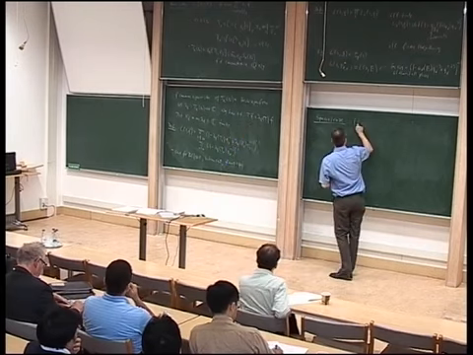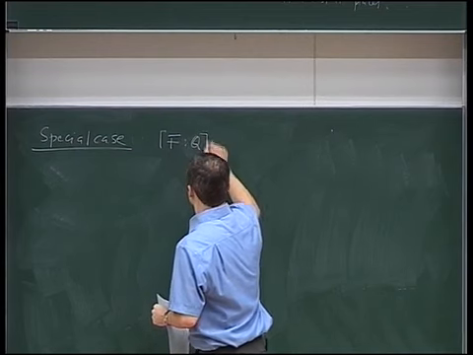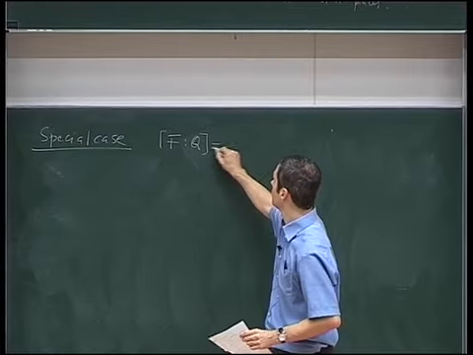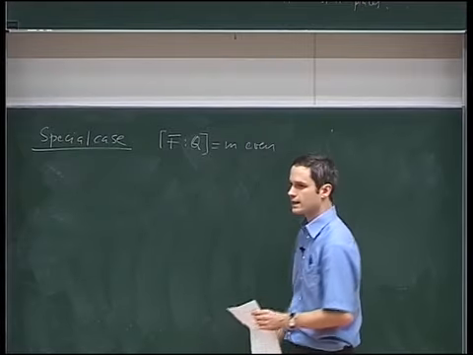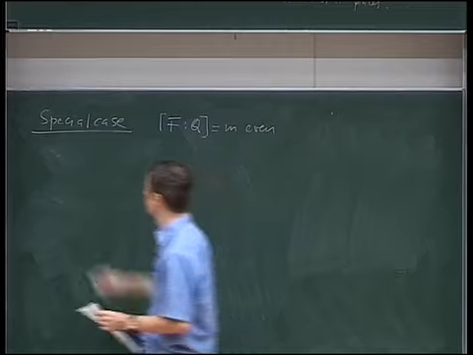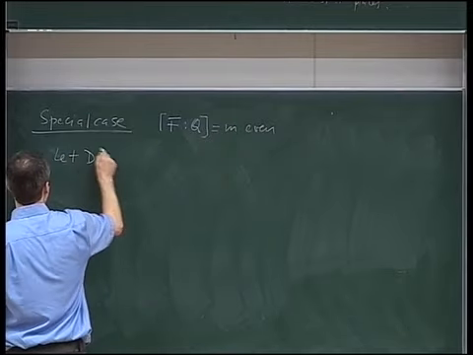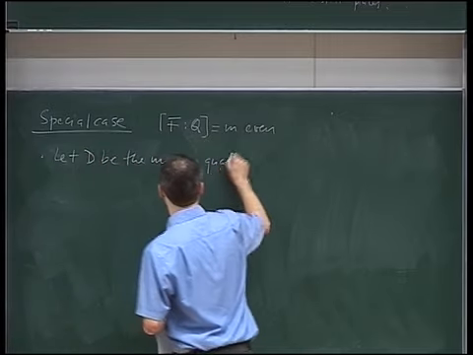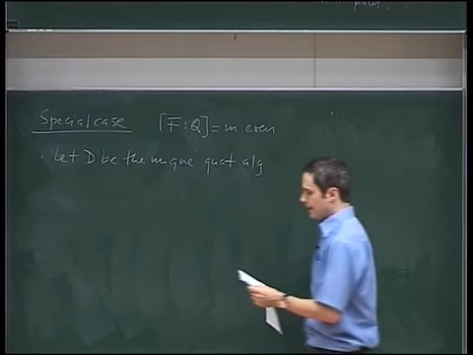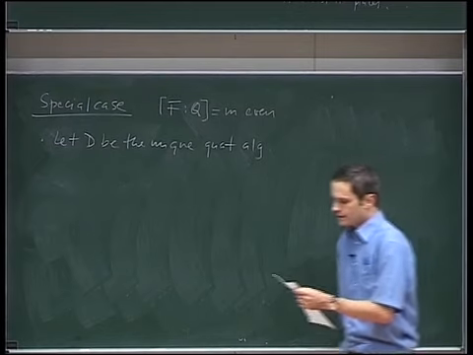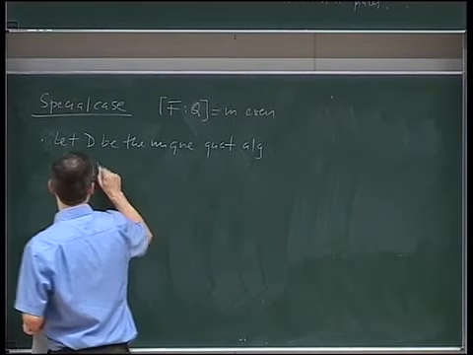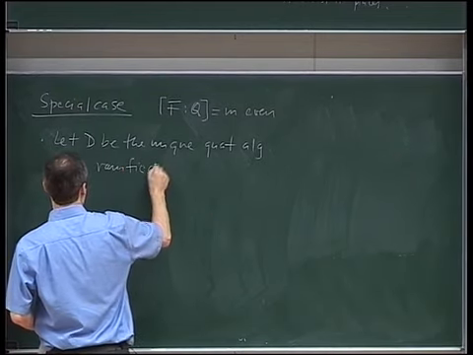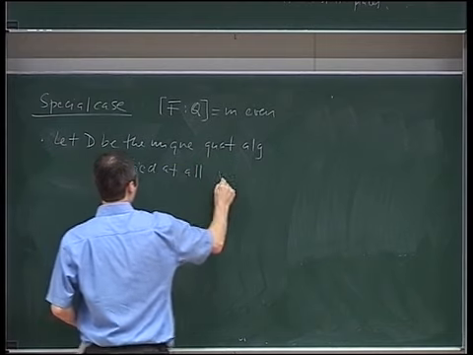And one that we will make use of is for the special case where the totally real field has even degree over Q. We let D be the unique quaternion algebra that is ramified at all infinite places.